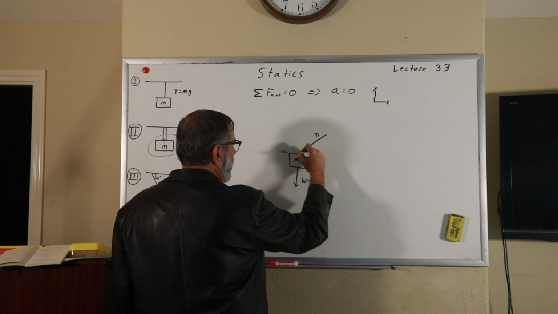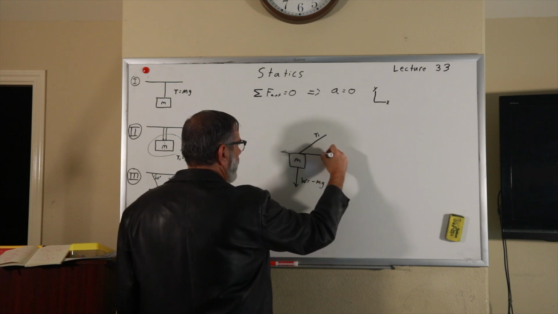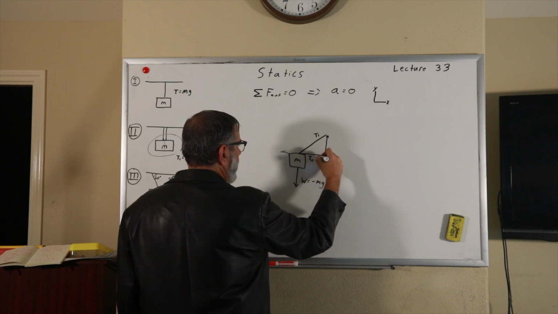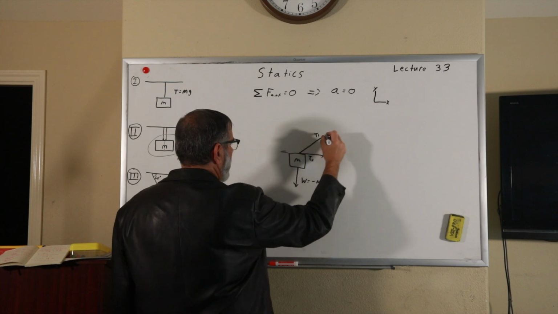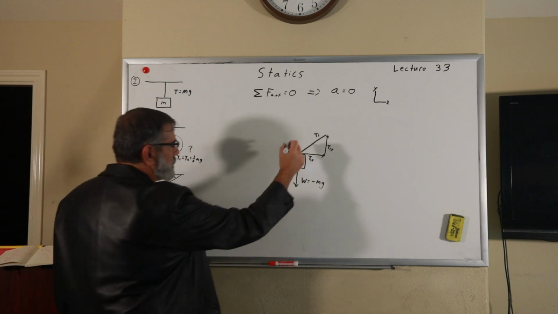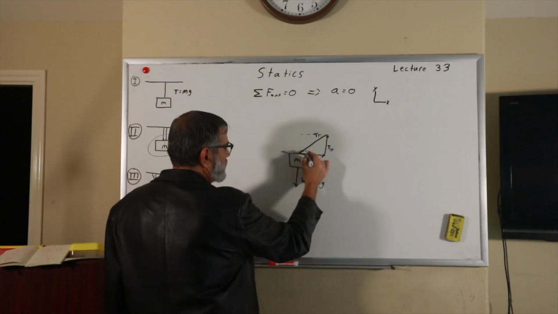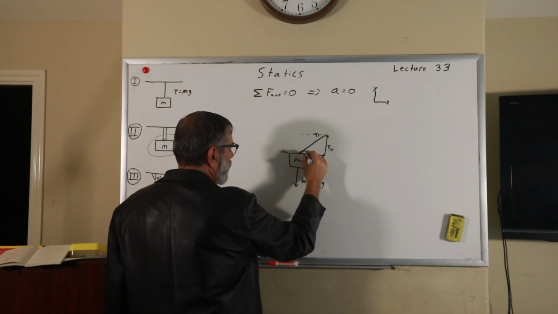And note that we can break this into its component form as follows. Here I have T1 in the x direction, and here I have T1 in the y direction. Since it makes a 30-degree angle here, this is an alternate interior angle, so this is also 30 degrees.